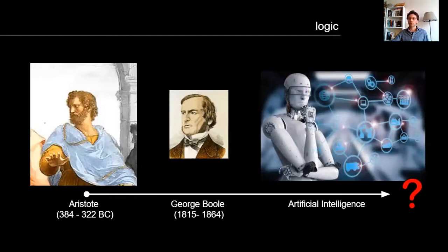Of course, we owe what George Boole developed to Aristotle, the ancient Greek philosopher. As you can see, Aristotle lived between 400 and 300 BC, so many years ago. And he built all these basic rules for logic. And George Boole, this British mathematician, just took that idea and converted it into a numerical, calculable version that we call Boolean logic.